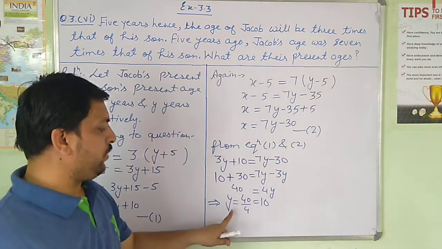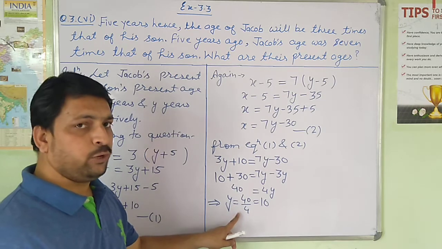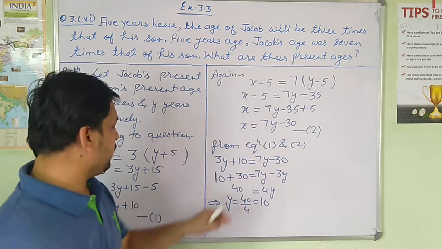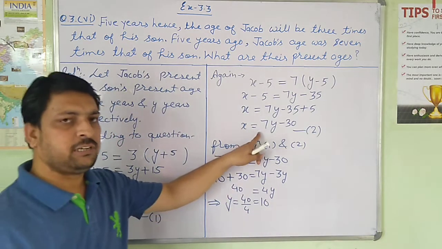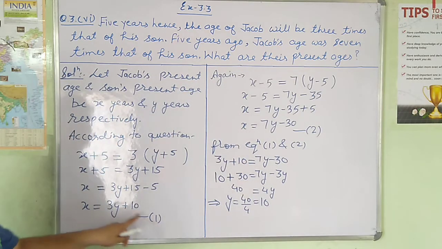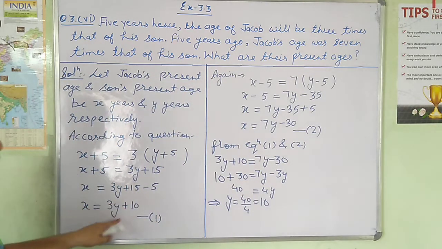Now students, we can put this value y is equal to 10 either in equation first or in equation second. Now we are putting in equation number first, y is equal to 10.